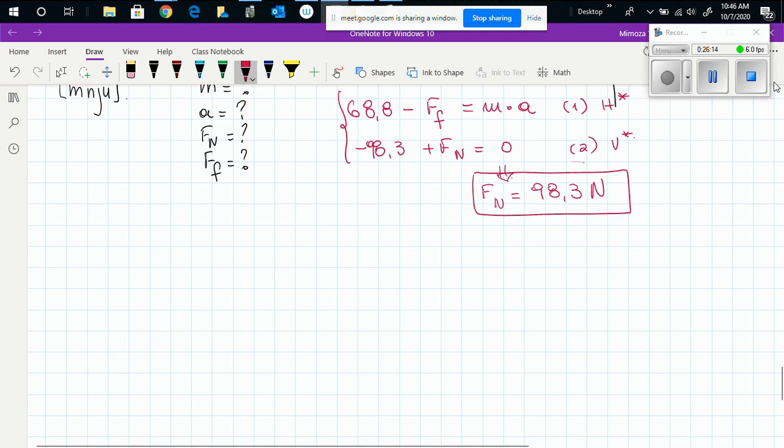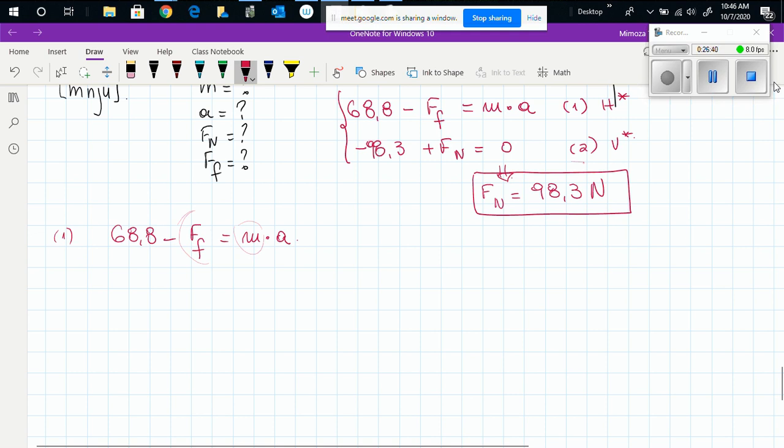And now let's deal with the first equation: 68.8 minus force of friction is equal to mass times acceleration. When you see this equation, you notice that you have three variables: force of friction, mass, and acceleration. We'll start by solving each of them.